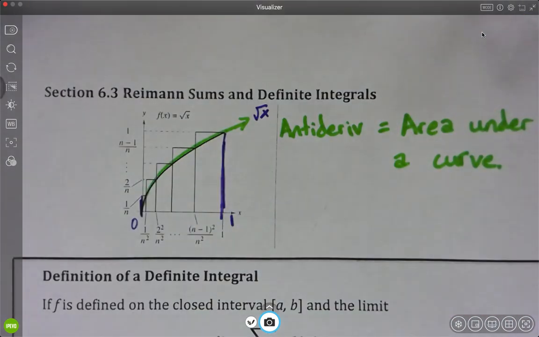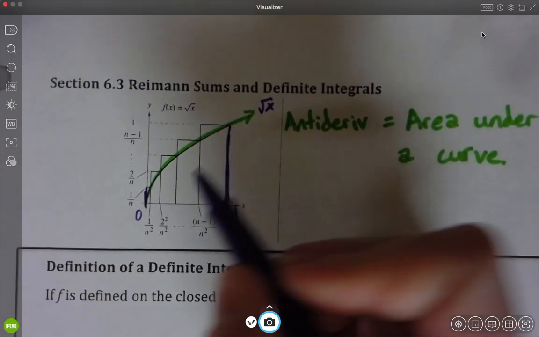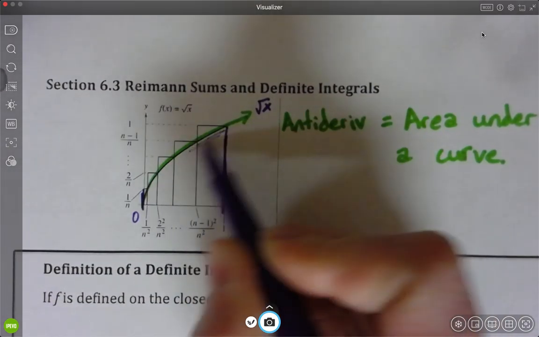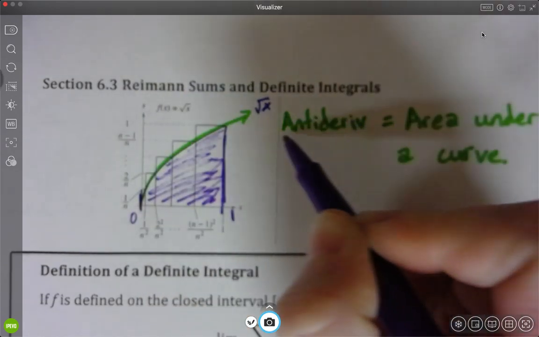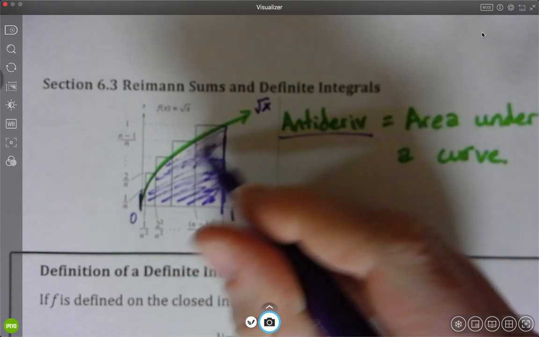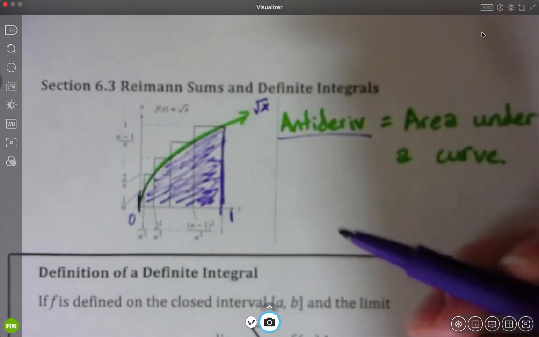My starting and stopping points, together with an antiderivative, let me figure out what this exact area is underneath this curve, okay?